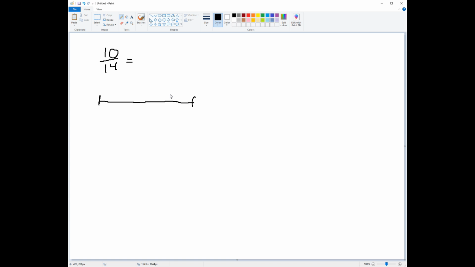So this is the 1 hour, and this is 14 kilometers. So at some point back here, we pass the 10 kilometers. So this is less than an hour. This here is less than an hour because the whole thing is 1 hour.